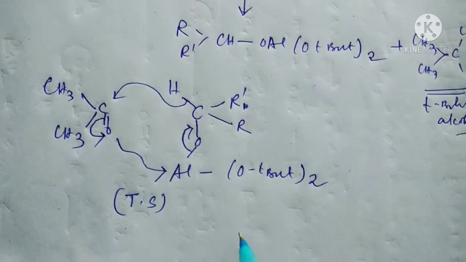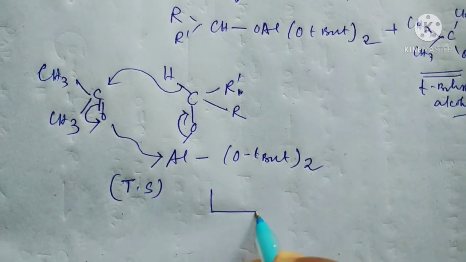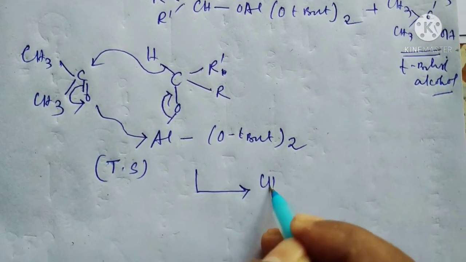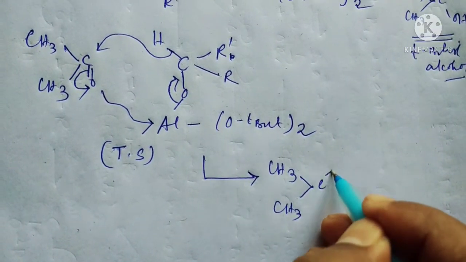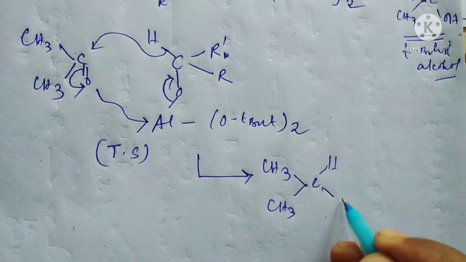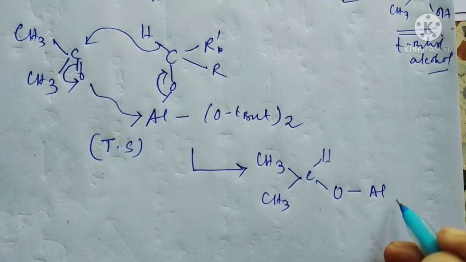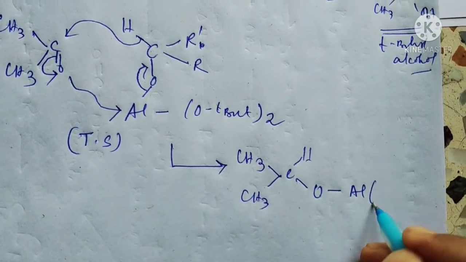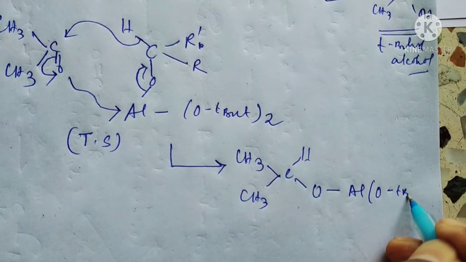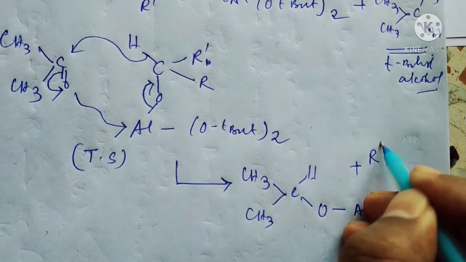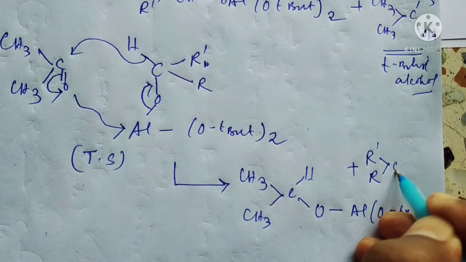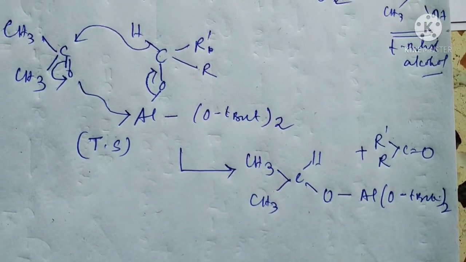Now it forms aluminum tertiary butoxide along with R dash R C double bond O, and this is the ketone that forms.